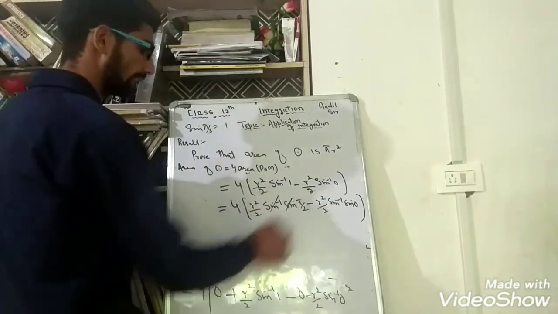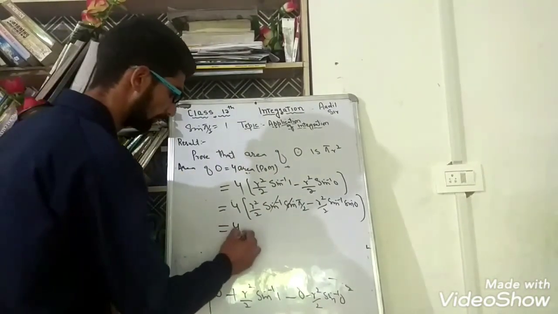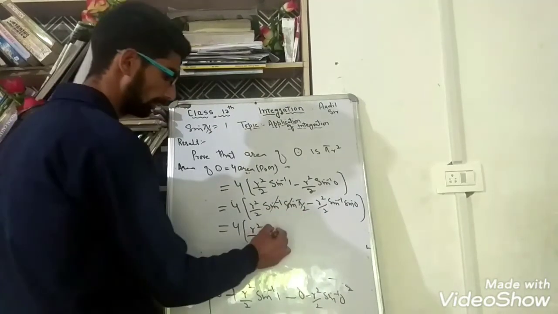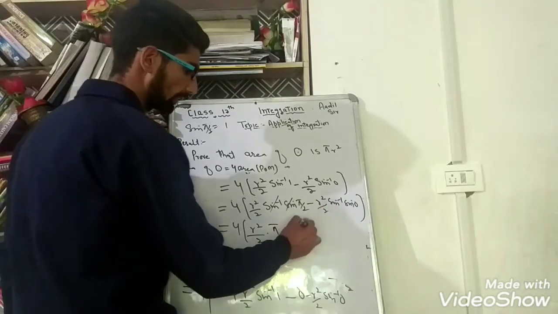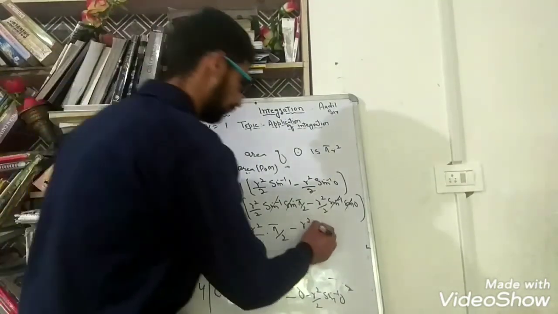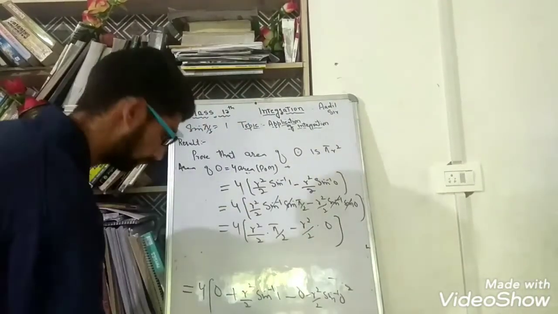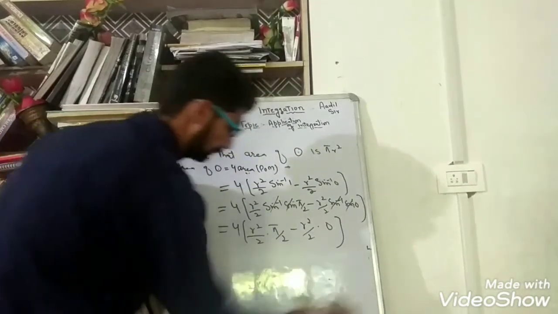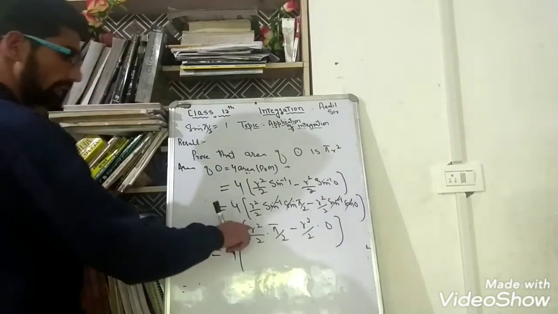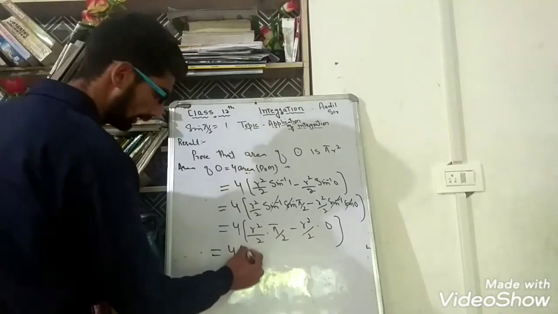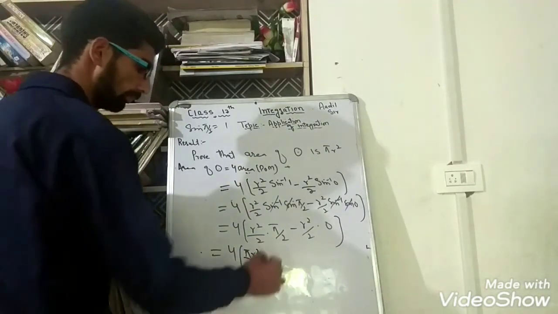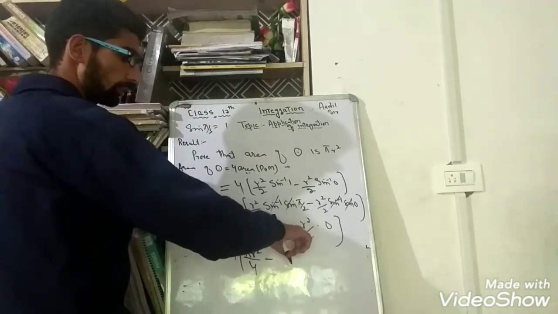The sine inverse and sine will get cancelled. Here I am getting 4 times r square divided by 2 into pi divided by 2, minus r square divided by 2 into 0. You check here, it is pi r square, 2 into 2 that is 4, minus r square divided by 2 into 0, that is 0.